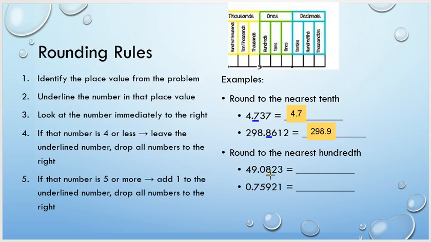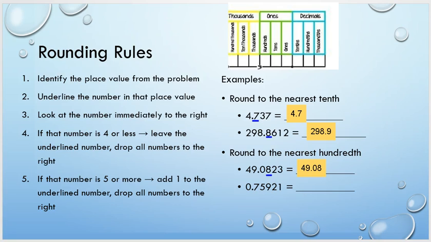The 8 is what's in the hundredths position. I look at the number immediately following it, which is a 2. 2 is 4 or less, so I'm going to leave the 8 alone and drop the rest of those numbers. So I do 49.08. I drop that 2 and 3, and that would be my answer, 49.08.